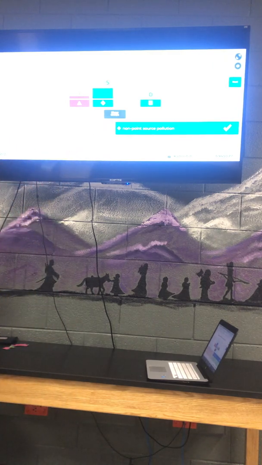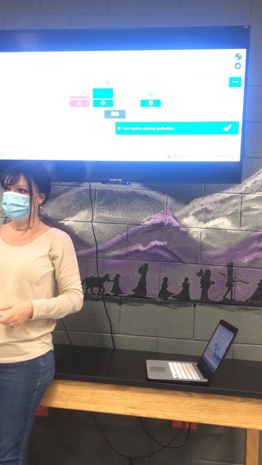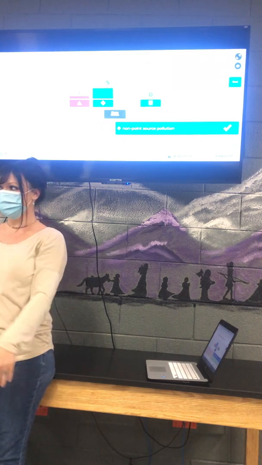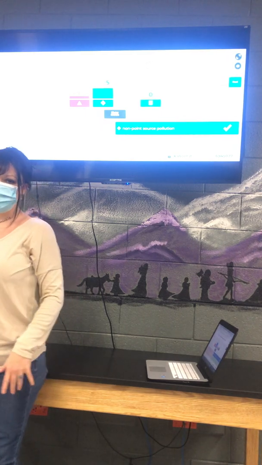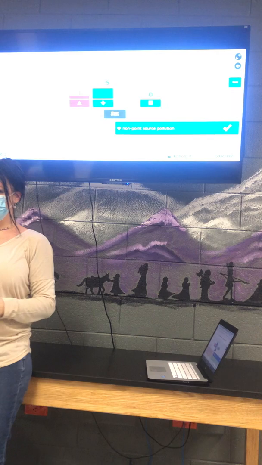That one kind of confuses people sometimes. So there's 2 types of pollution. There's point source and non-point source. If there's point source, you can point to it. You can say the pollution is coming from this barrel that's leaking into the stream. If it's non-point, you're like, I know that it's getting polluted in this area. I don't really know. It could be runoff. It could be this or that. That would be non-point because we can't point to the exact source of it.